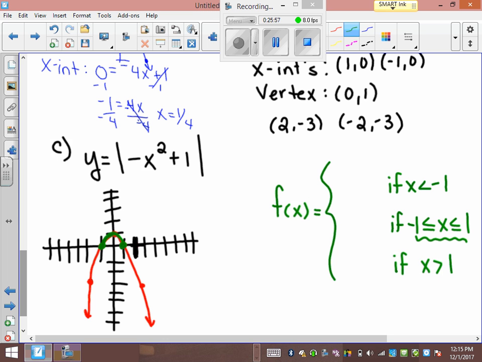What equation does that represent? -x squared plus 1. Do we agree? It follows the actual parabola, yes? Then what happened is these arms are going to reflect up. So instead of being at -2 and -3, there's going to be a -2 and 3, and +2 and 3. What is this actually representative of?